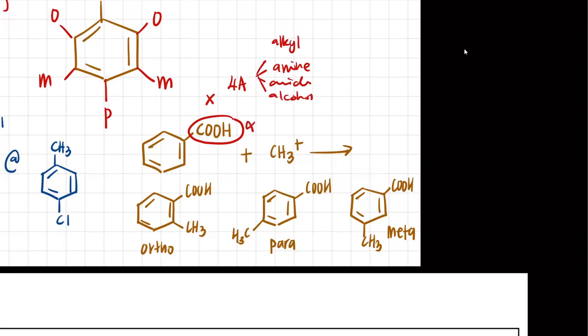Not in your 4A means it will be EWG, an electron withdrawing group. An electron withdrawing group will only offer meta positions, this one or this one, so you only form one product.